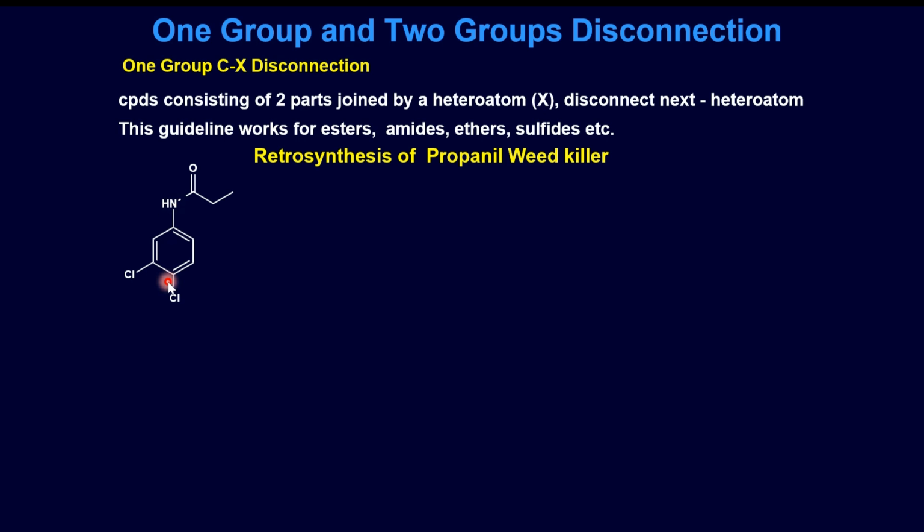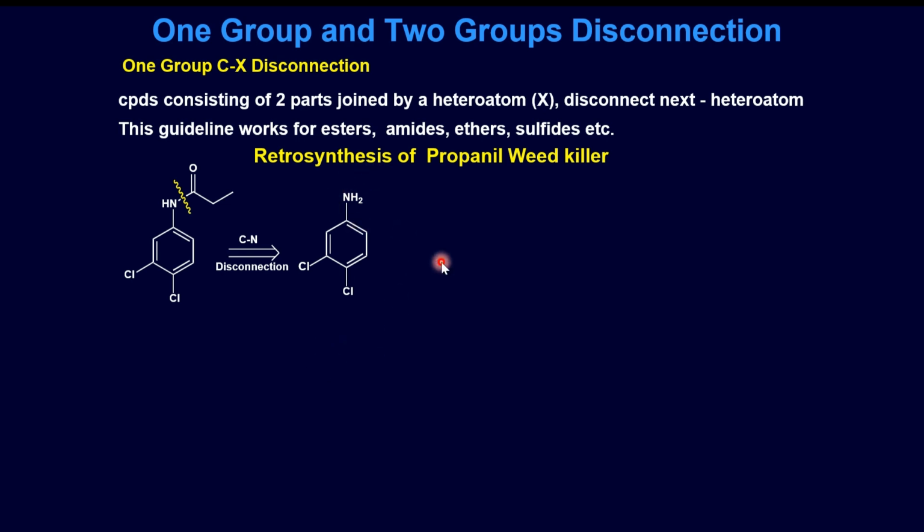As per the guidelines, we have to disconnect this molecule adjacent to the heteroatom. I disconnect it over here. When I disconnect, the carbon nitrogen bond breaks that I am representing over here.